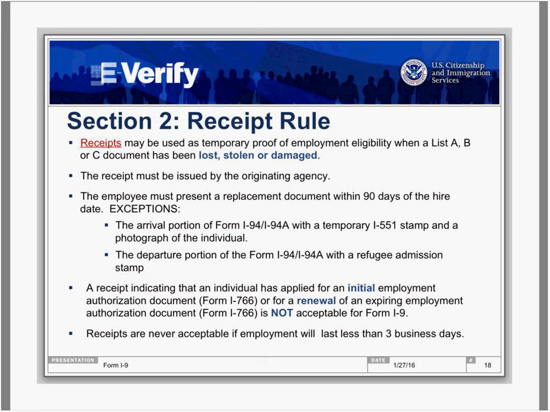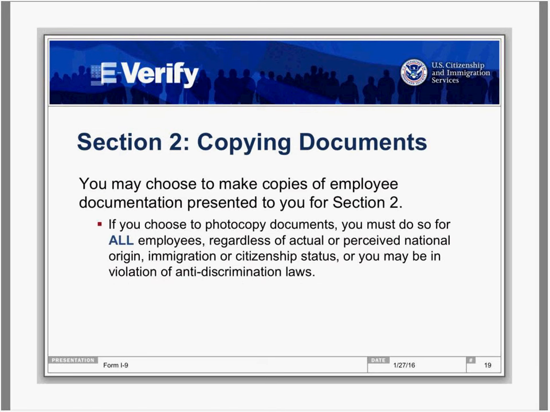Well, remember, the receipt is temporary proof. Last comment or two. A receipt indicating an individual has applied for the initial EAD card or the renewal of an expiring EAD card. You get those. And you can never accept a receipt in less than 3 business days.